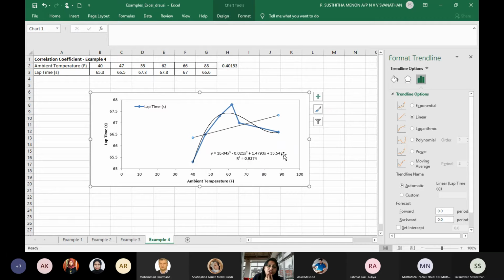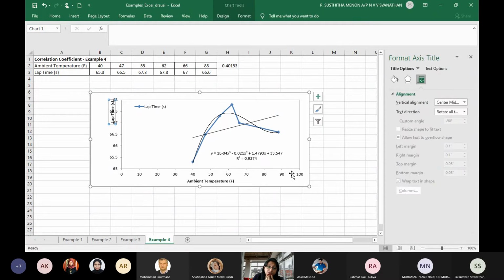So you get an equation which relates the lab time with the ambient temperature, right, which is X over here. So if you want to find what will be the lab time for a temperature, 150 and so forth, probably this equation can be used to determine the lab time.